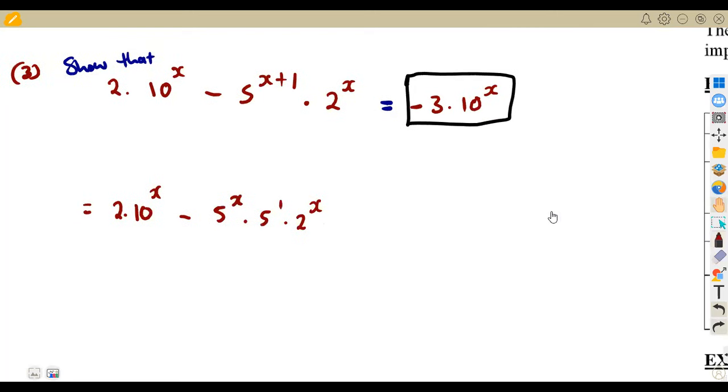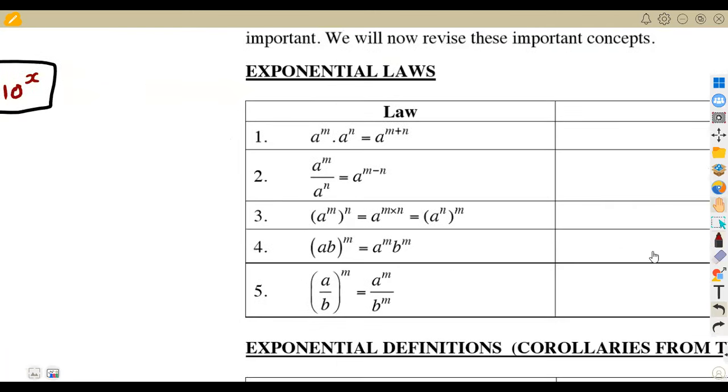I want us to get back to this law here. ab to the exponent of m means a to the exponent of m, b to the exponent of m. So it means if the exponent is the same, I can rewrite these two numbers multiplying together with the same exponent.